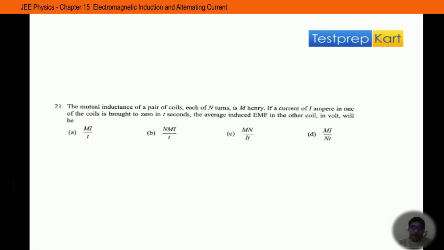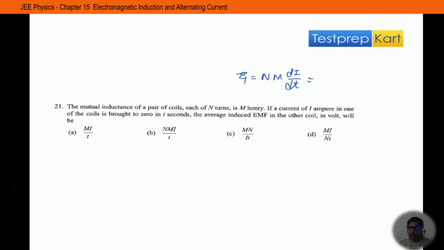So the EMF induced in the other coil due to mutual inductance can be represented as E equals number of turns N and mutual inductance M into dI over dt, because it is the rate of change of flux.